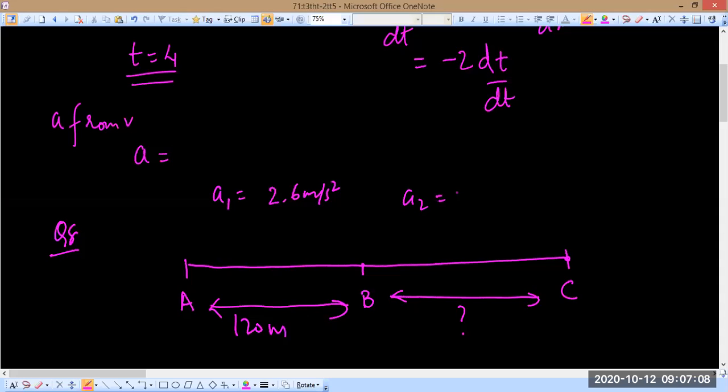In the second part its acceleration is minus 1.5. Now it is given that it accelerates with minus 1.5 meter per second square until velocity becomes 12 meter per second. So over here the velocity at C is 12 meter per second. Is this diagram clear?